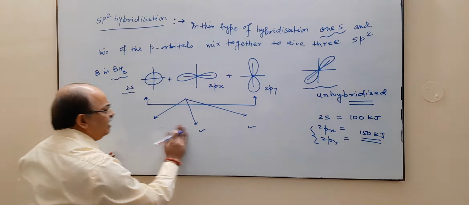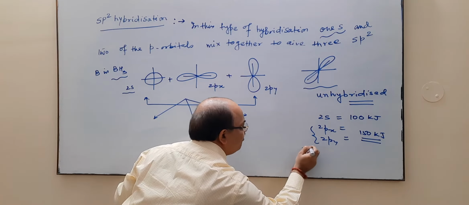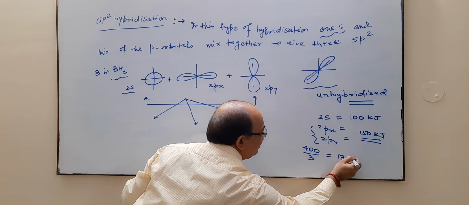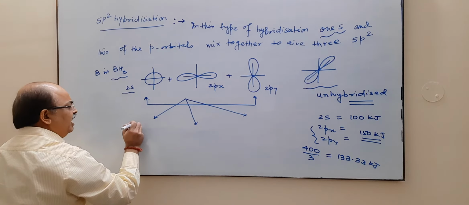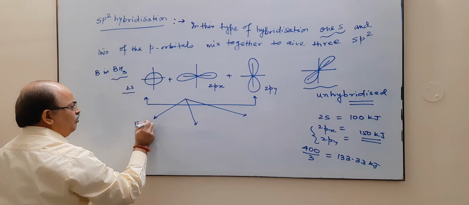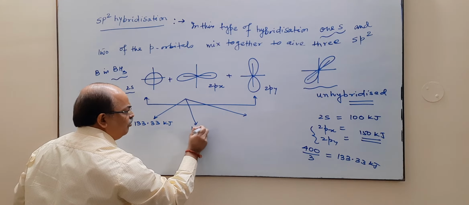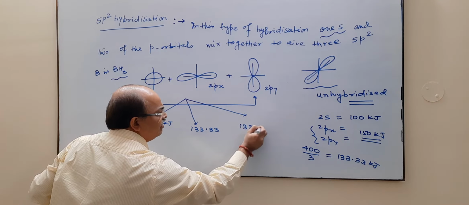Now what is the energy? You can write the energy. The total energy is simply 400 by 3. You can write 133.33 kilojoule. So whatever be the energy, it is 133.33 kilojoule. Again it is 133.33 and it is 133.33.